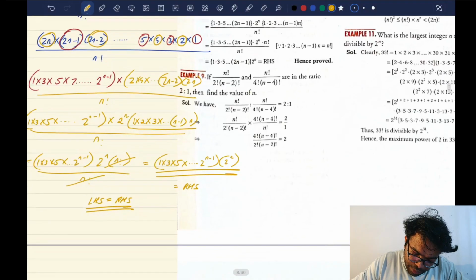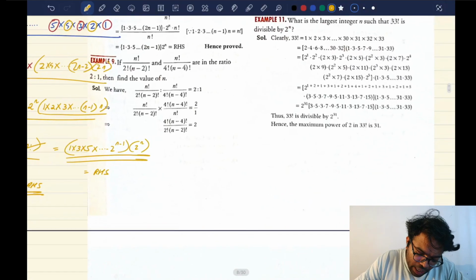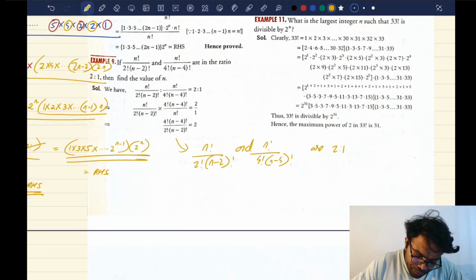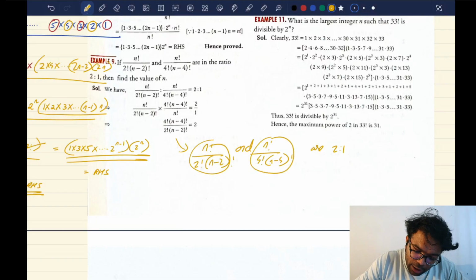Now, if n factorial upon 2 factorial into n minus 2 factorial and n factorial upon 4 factorial into n minus 4 factorial are in the ratio of 2:1, find the value of n. So first we have to somehow manipulate these two.